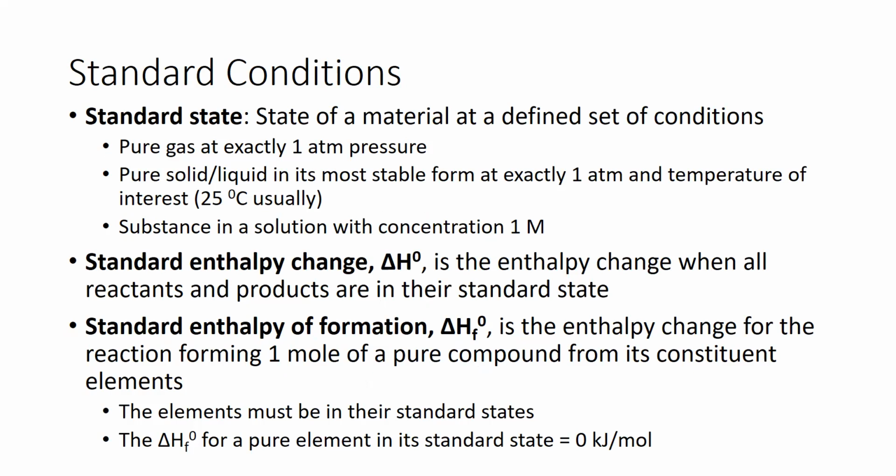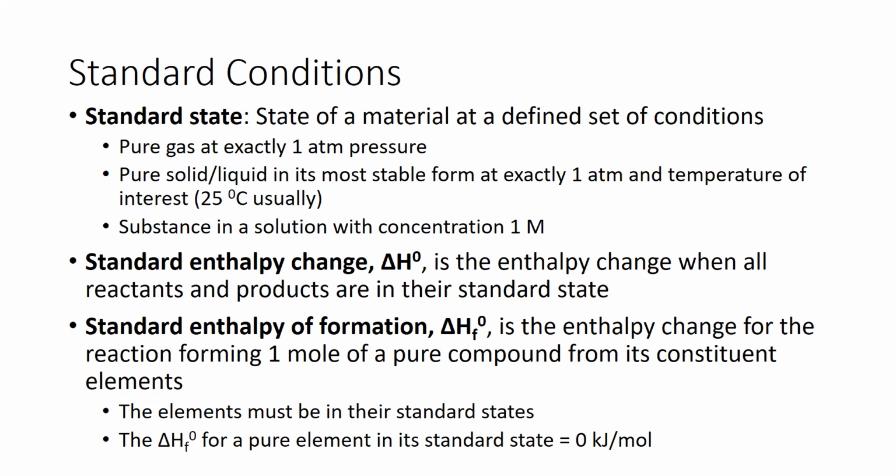So in chemistry, to make calculations simple, we can decide that matter has a standard state. That is, we define its natural standard conditions: if you're a gas, you're at 1 atmosphere of pressure.